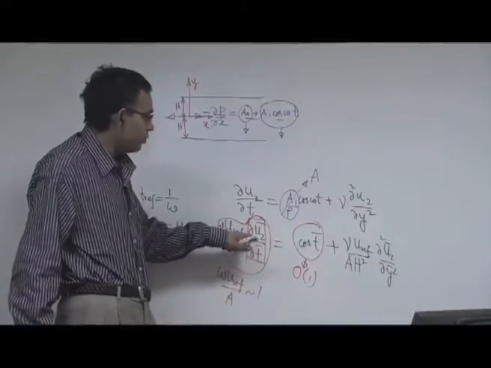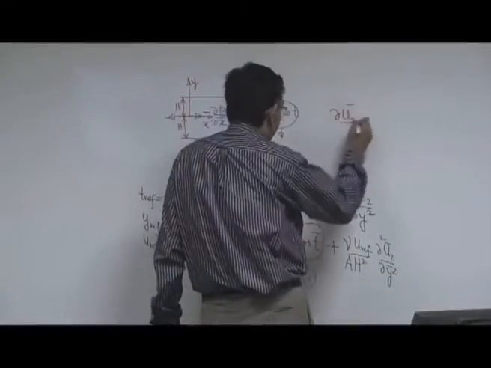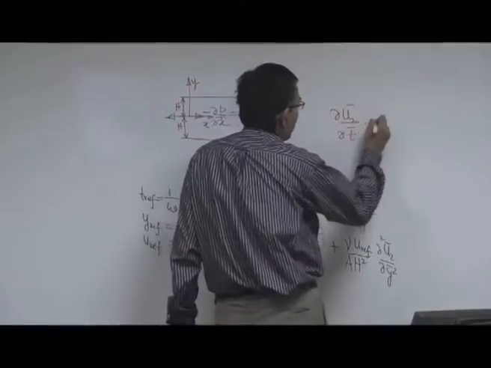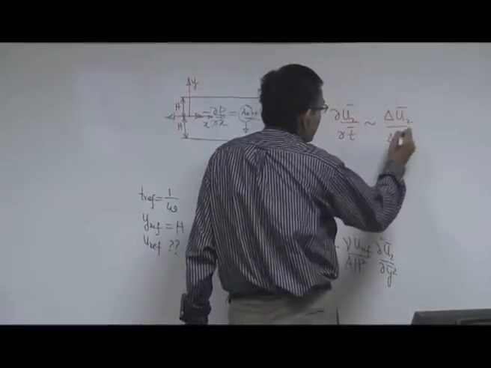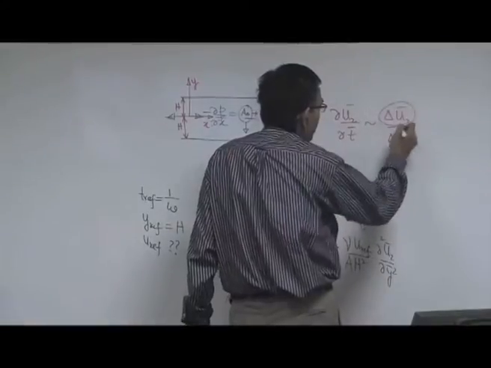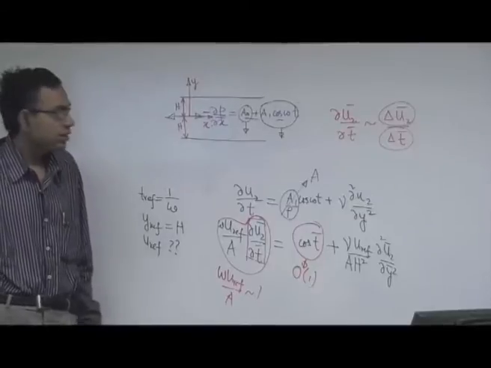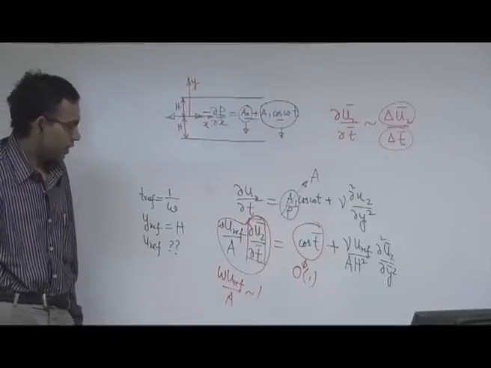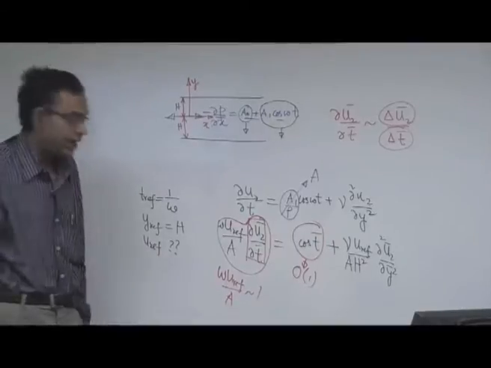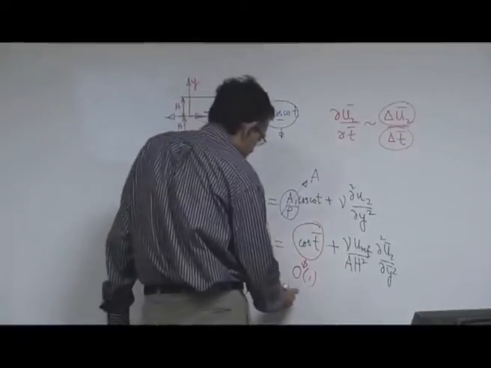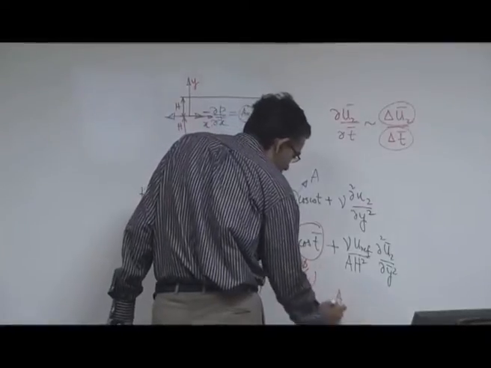So, if you write del u2 by del t is of the order of some delta u2 by some delta t, then this is of the order of 1 and this is of the order of 1. Okay. So, omega u reference by A is of the order of 1, that means u reference is of the order of A by omega.